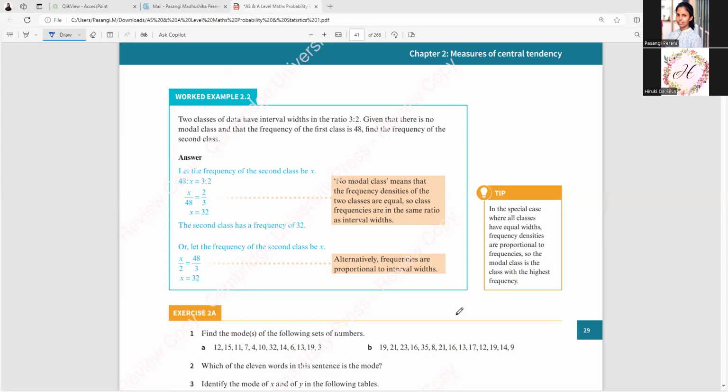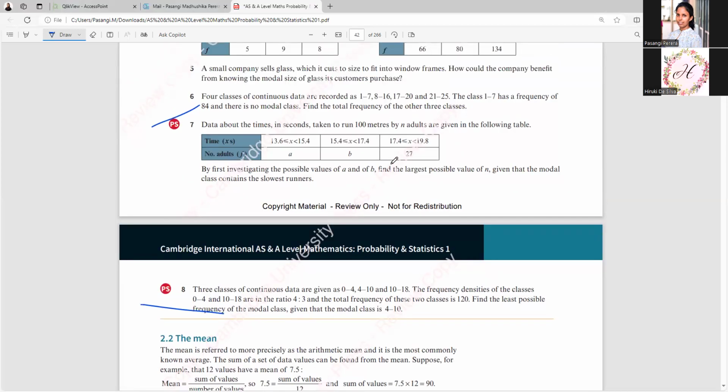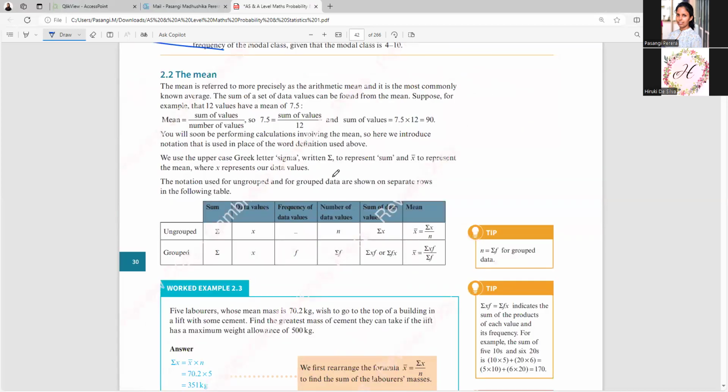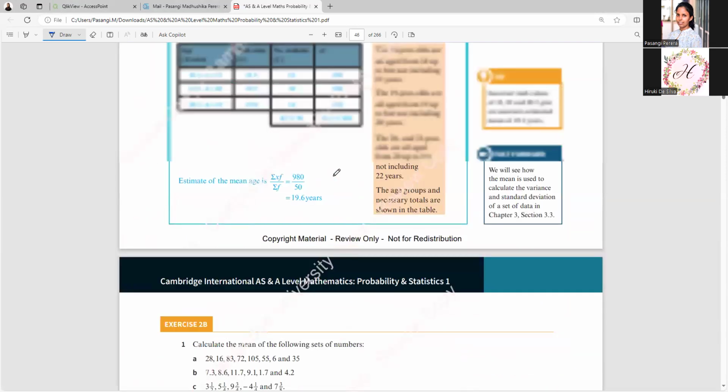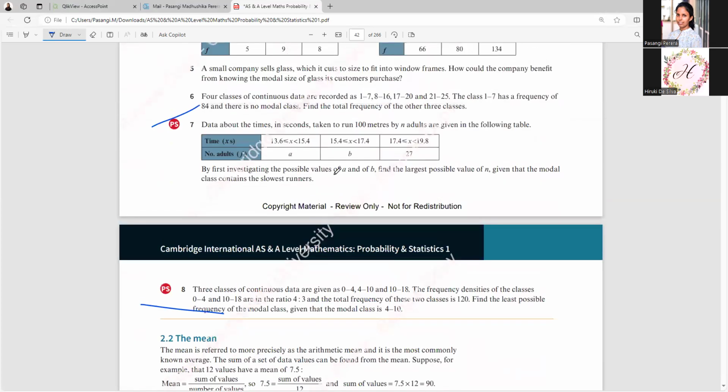Okay, that's also fine, right? Shall we do only the 7th and the 8th questions, the practice questions as in class ones? 7th and the 8th questions.